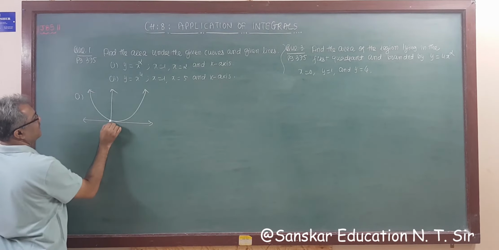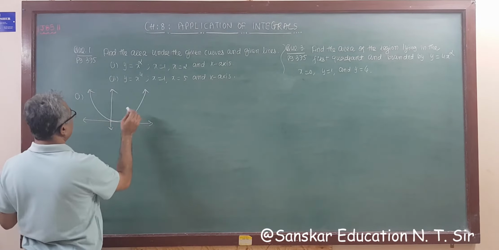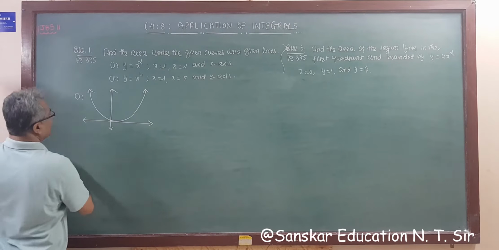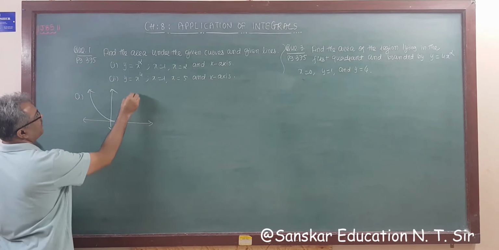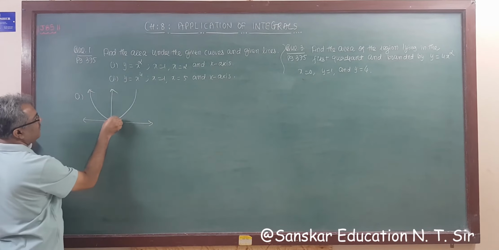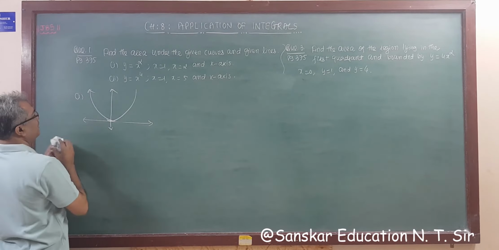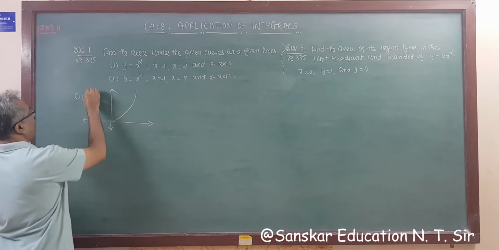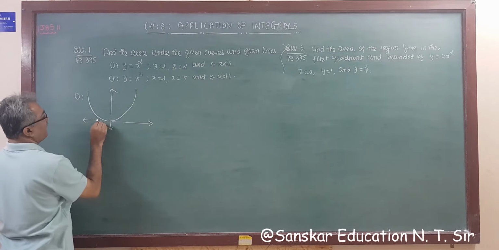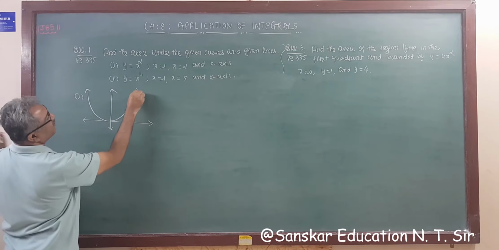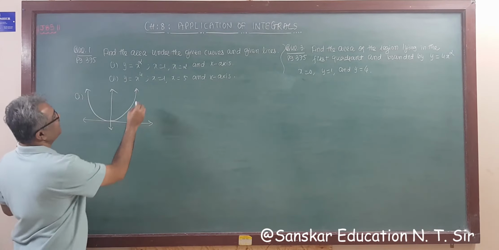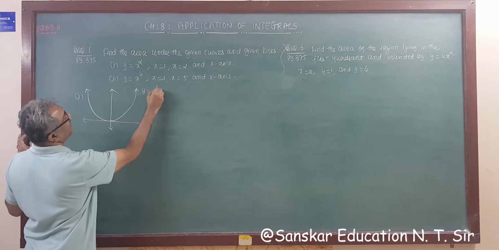Y is equal to x square. This is the origin, right? So this is the parabola. Let me draw the figure, at least it should come out well. So y is equal to x square.